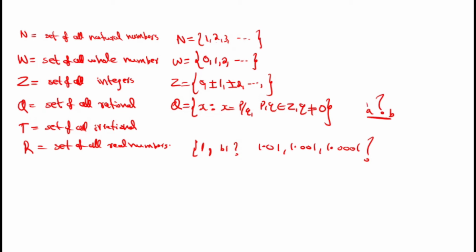Again, between two irrational numbers there exist infinitely many irrational numbers, or between two real numbers there exist infinitely many real numbers. We can't tell what's the next number. So it's not possible to write rationals, irrationals and real numbers in roster form. Remember, all these number systems are examples of sets.